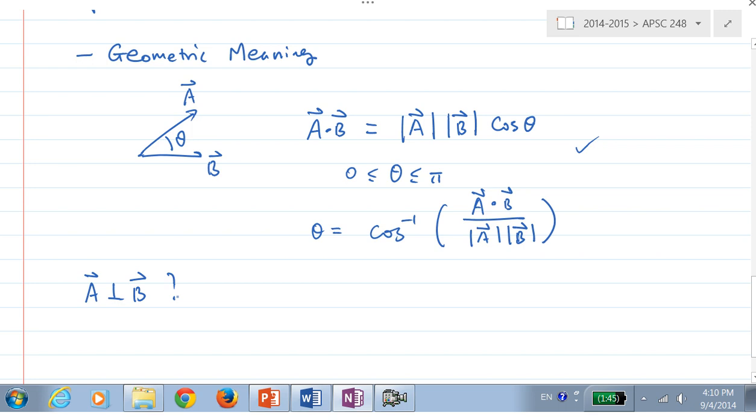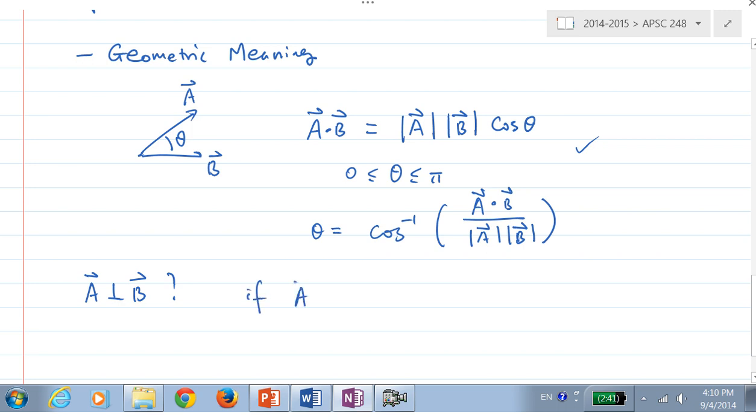One of the easy solutions can be observed from this formula. When A is perpendicular to B, or sometimes we also say A is orthogonal to B, particularly in 3D space, that means theta equals 90 degrees. If theta is 90 degrees, what is cosine 90? It's 0, right?